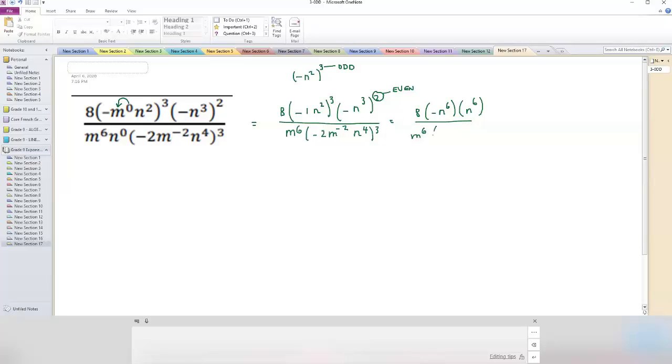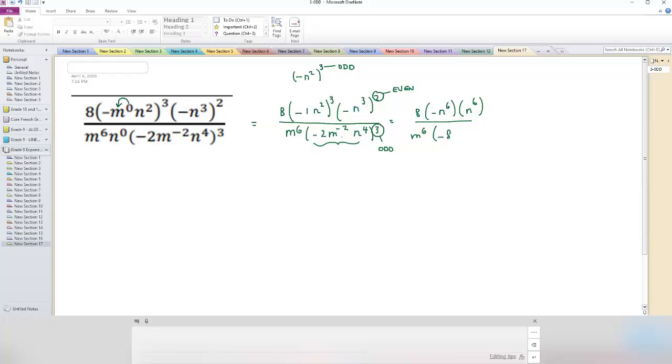I open bracket. Now, I have to be careful that this 3 affects many things here. The negative, since the 3 is an odd number, therefore the negative stays negative. The 2 to the power of 3, I can say 2 times 2, 4, 4 times 2, 8, right away.